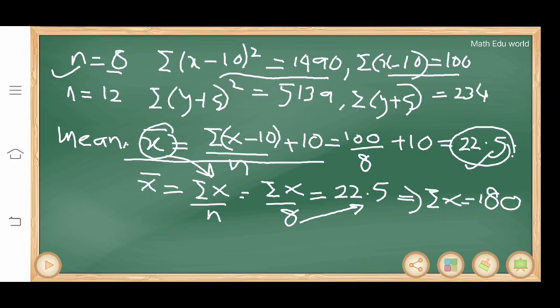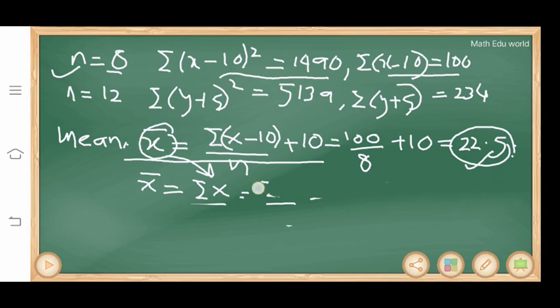Okay, so remember in our variance formula we required sigma x and sigma x squared. These two terms are required for our formula. We now got sigma x as 180.